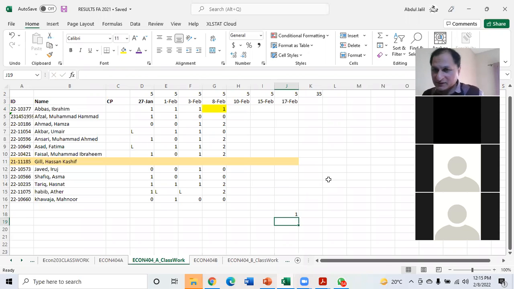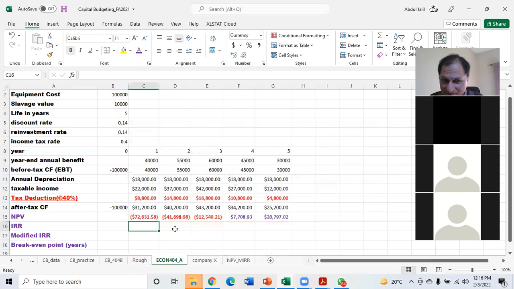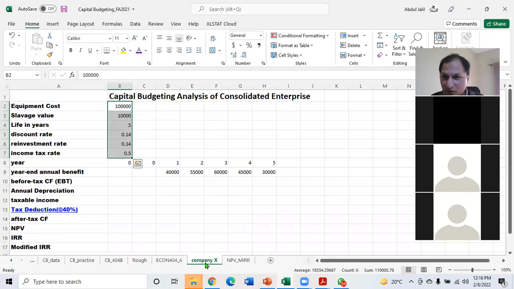I have uploaded this sheet already without these calculations that I have done now, but the remaining calculations are there. This is another sheet. This company sheet is not there, so you have to create it. Every student has to create it with his or her own company's name, right? So you will mention your company name.